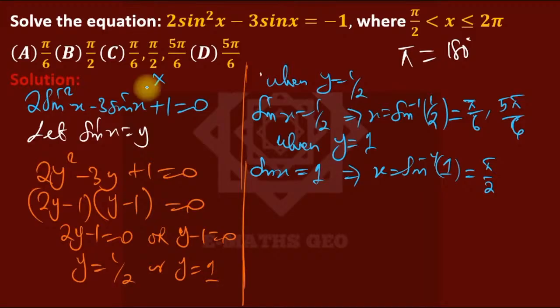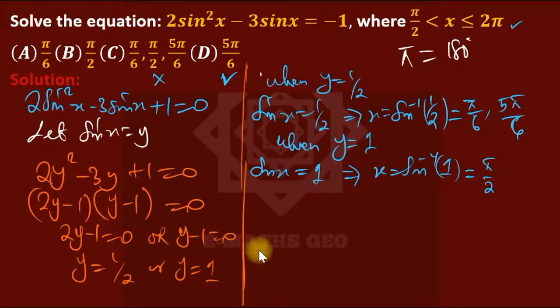So the best answer is the one that obeys this range. Only 5 pi over 6 is the correct answer.